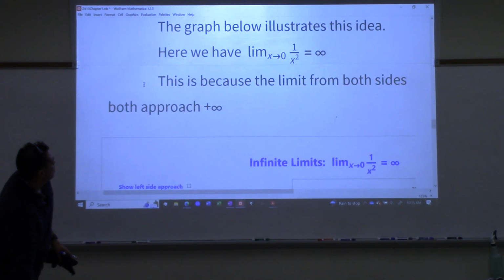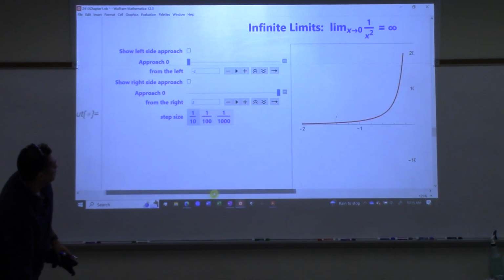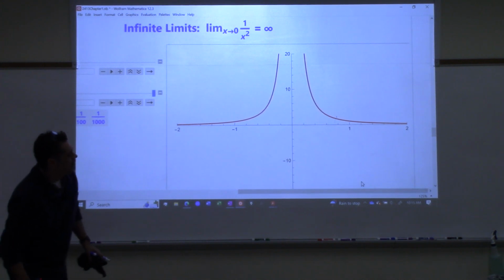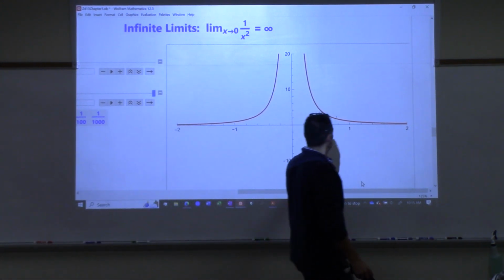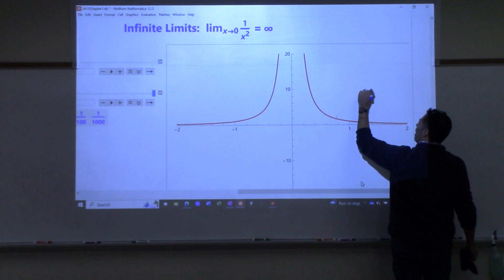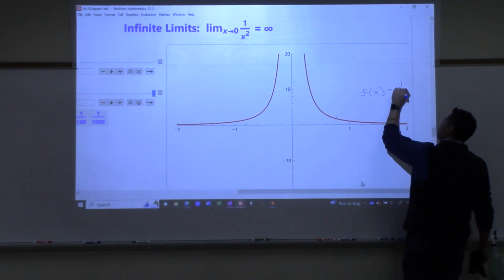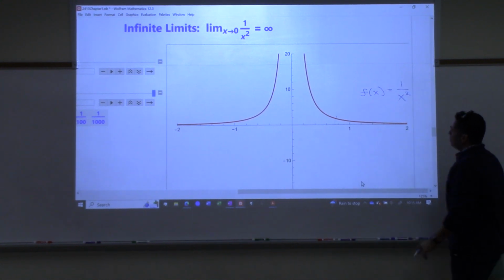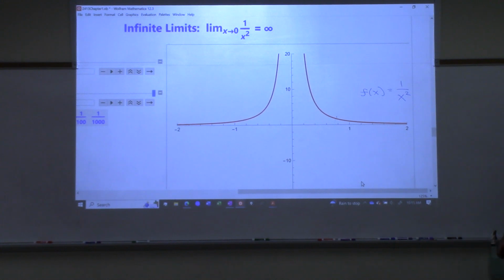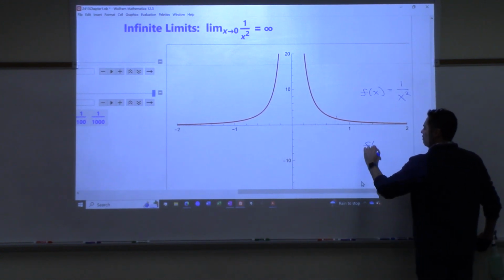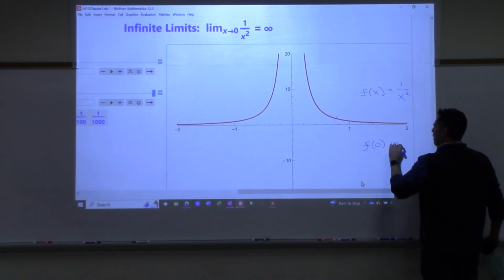So here's what we've got. I want us to take a look at a graph. That is the graph of the function 1 over x squared. So if I graph the function f of x equals 1 over x squared, do you all agree I cannot plug 0 into this? F of 0 is undefined, right?